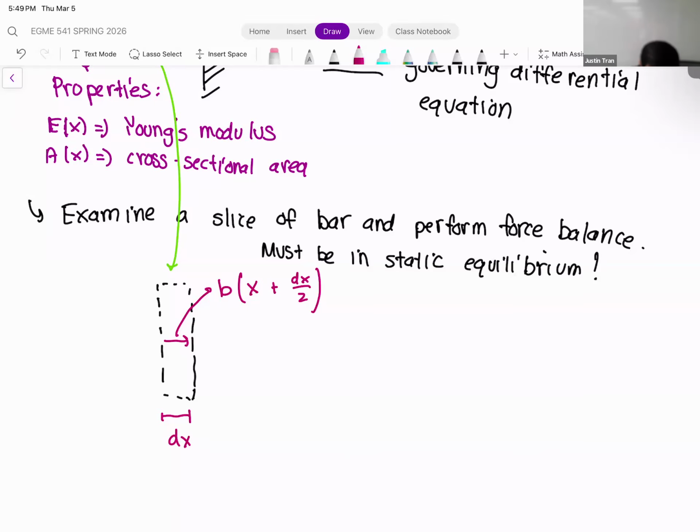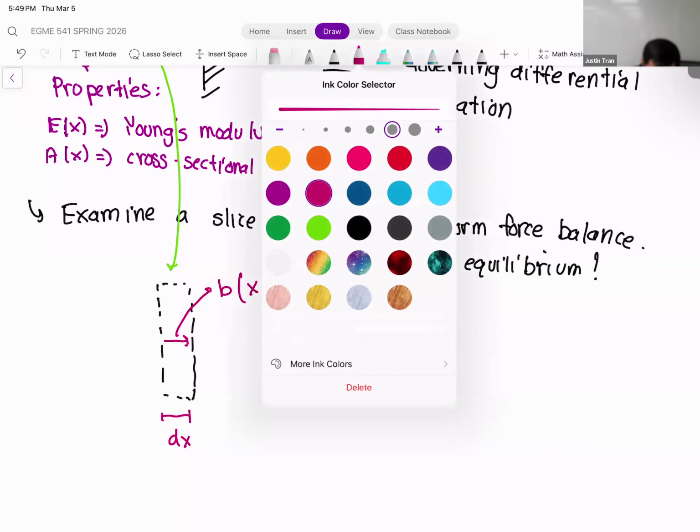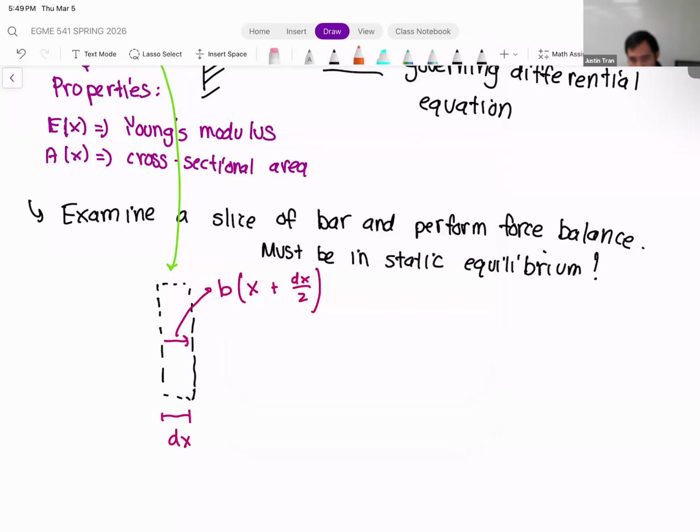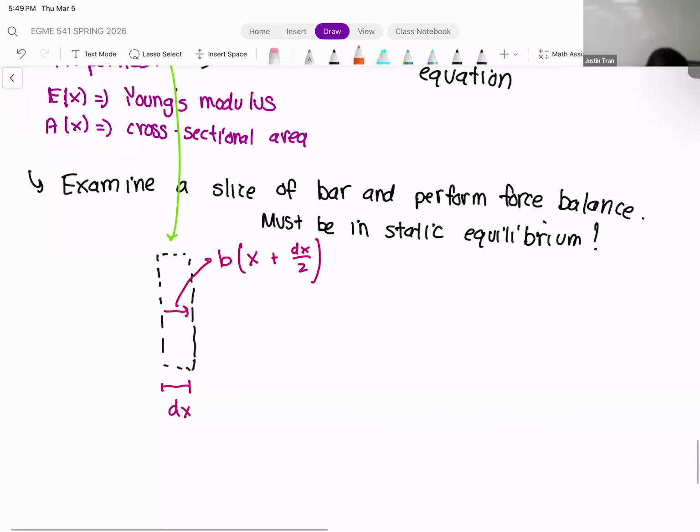Another thing we have here is that after we apply a force, we know from the theory of elasticity that internal forces are going to develop within the bar. We're going to have one internal force that is applied this way, which we'll call n of x, and another internal force that is applied in the other direction, which is n of x plus dx.